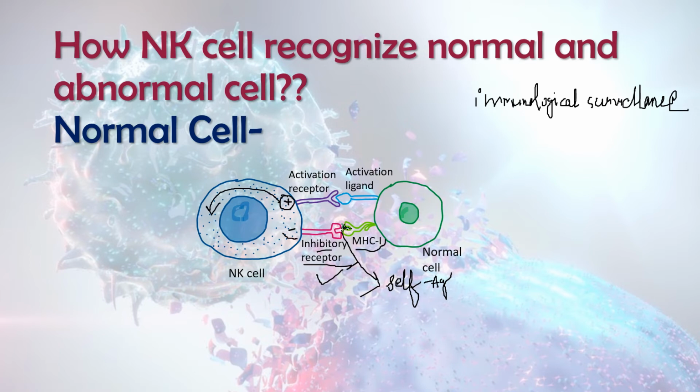The inhibition process outweighs the activation and the NK cell recognizes that the cell it is in contact with is a normal or unaffected cell, so no activation process takes place and it just leaves this normal cell.